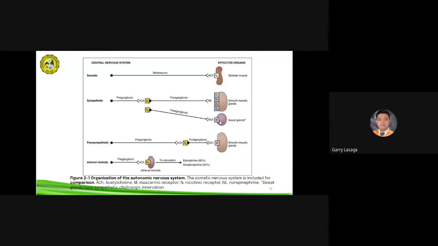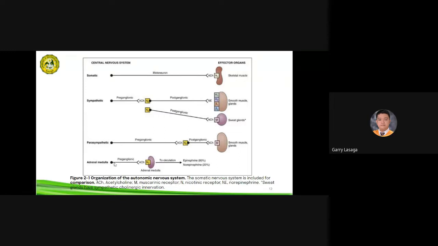So muscarinic receptor is a cholinergic receptor. So ibig sabihin, all of our postganglionic nerves of our sympathetic nervous system will release norepinephrine except for our postganglionic nerve that will act on our sweat glands.